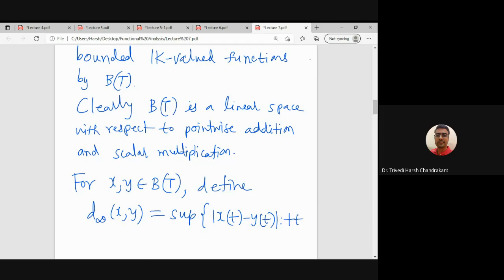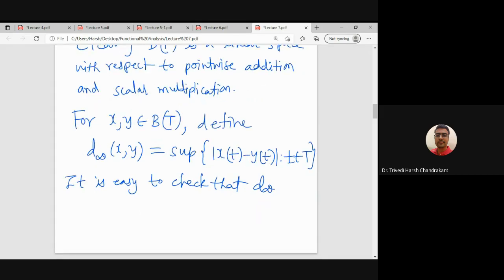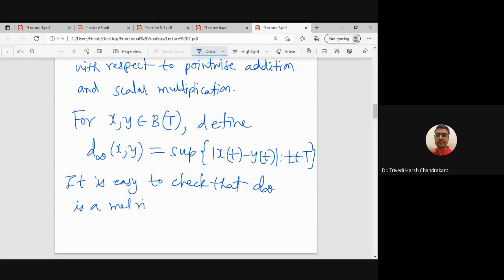But t is an element of the set capital T. So again, it is very easy to check that the infinity is a metric on Bt.